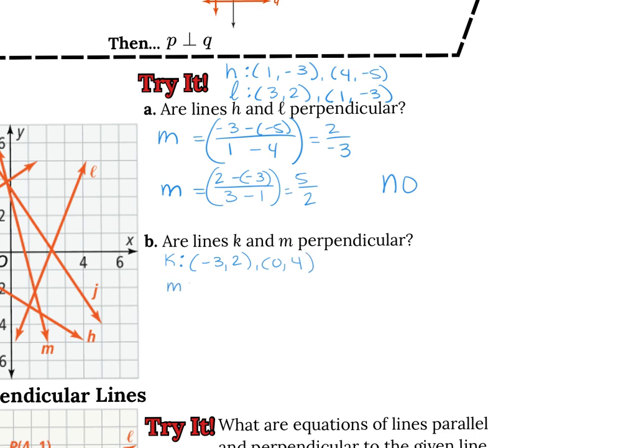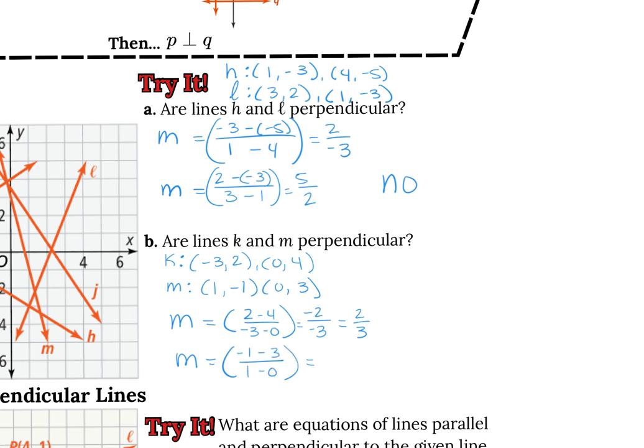And then M. And we'll find the slope. Okay, so B is also a no.